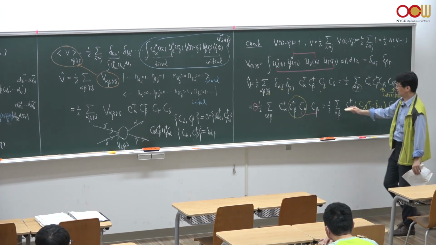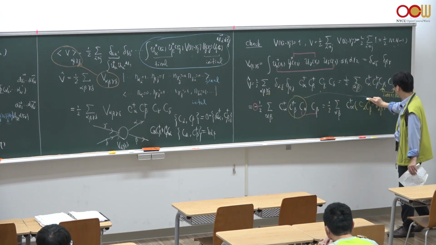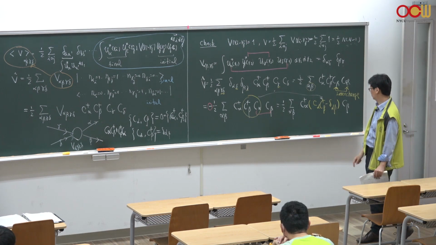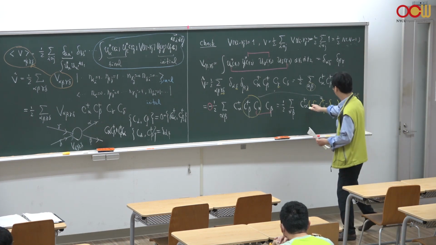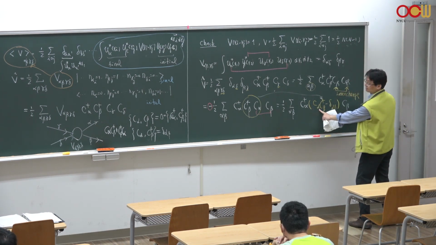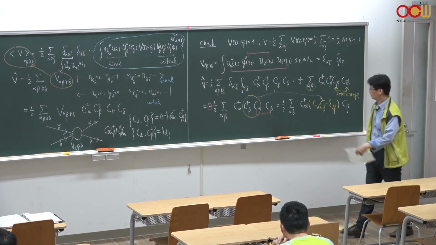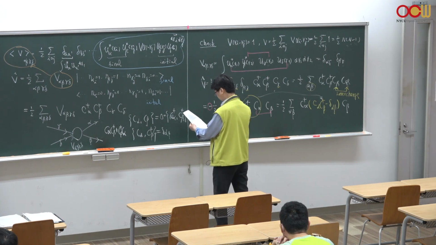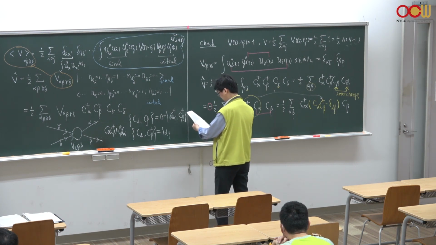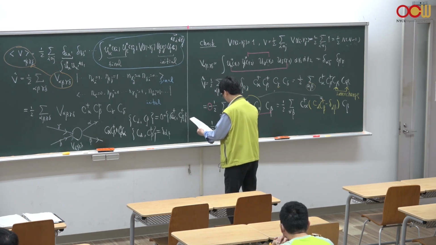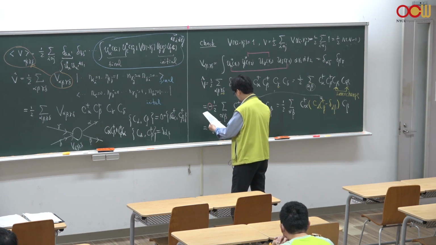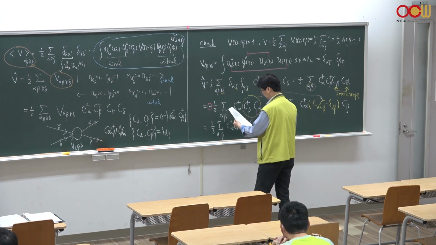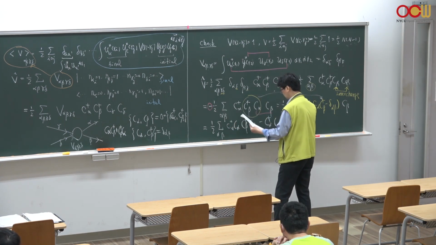So I simply rewrite this the other way around using the anti-commutation rules. Now there are two terms up to here, and we can sum over alpha and beta for these two terms. So let me write it here: sum over beta, C delta alpha, C delta beta, C beta, minus delta alpha C alpha.